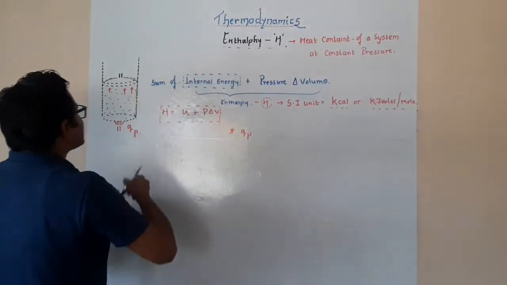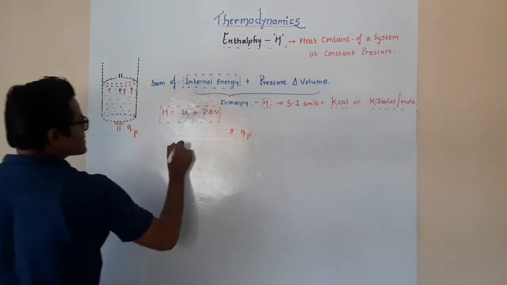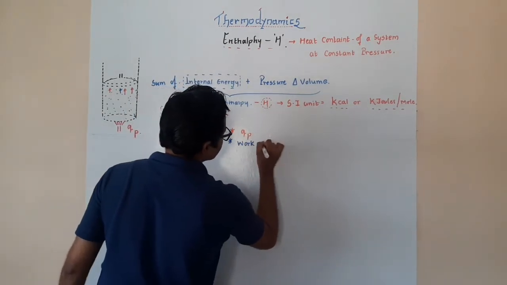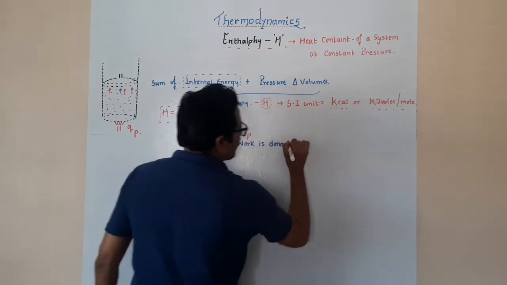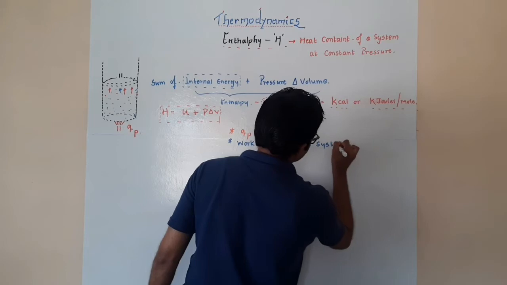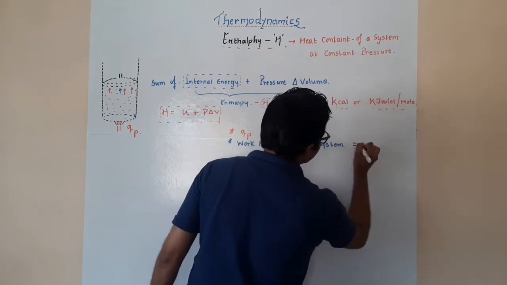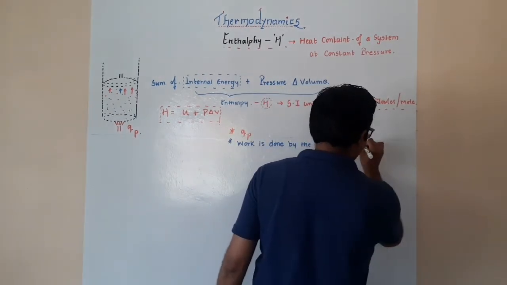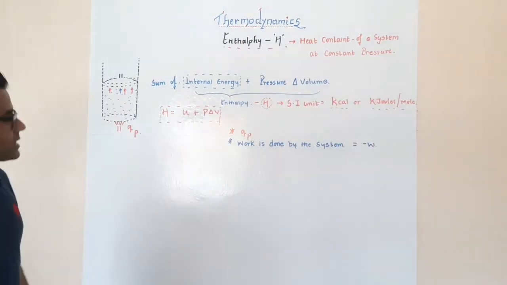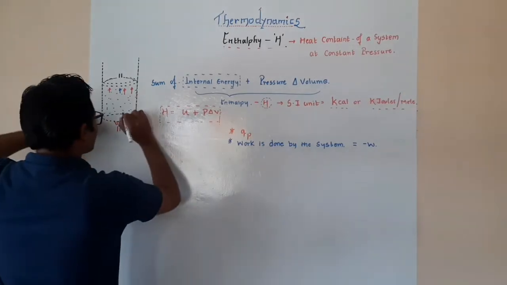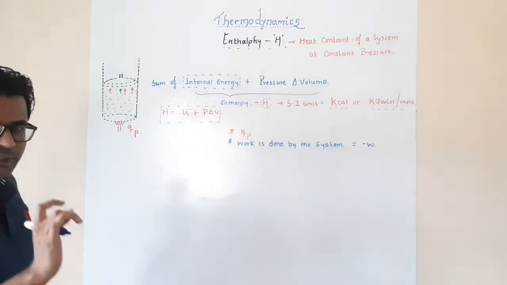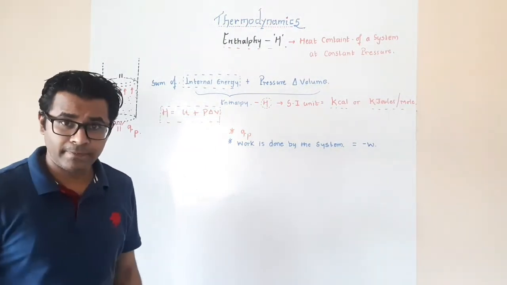Second point to note: work is done by the system, so we will take this work done as minus W. In this case there are going to be certain changes with respect to volume and internal energy.